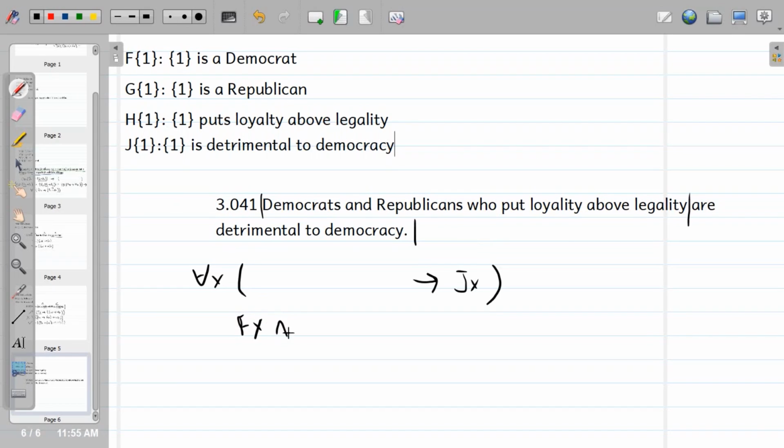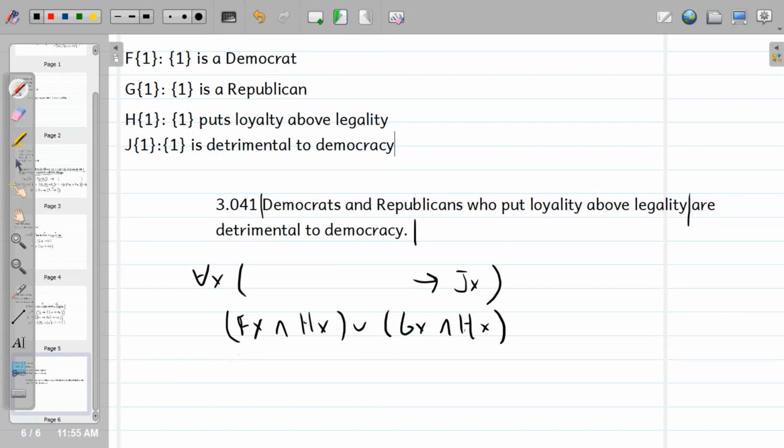If you're a Democrat and you put loyalty above legality, or you're a Republican who puts, right? Good. That is a perfectly legitimate way of doing this antecedent. That's good. Here's another way that you could do it, which is just as good.